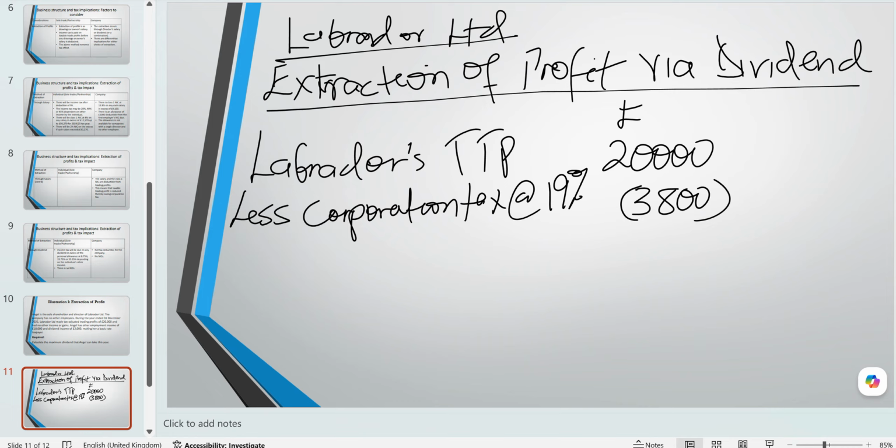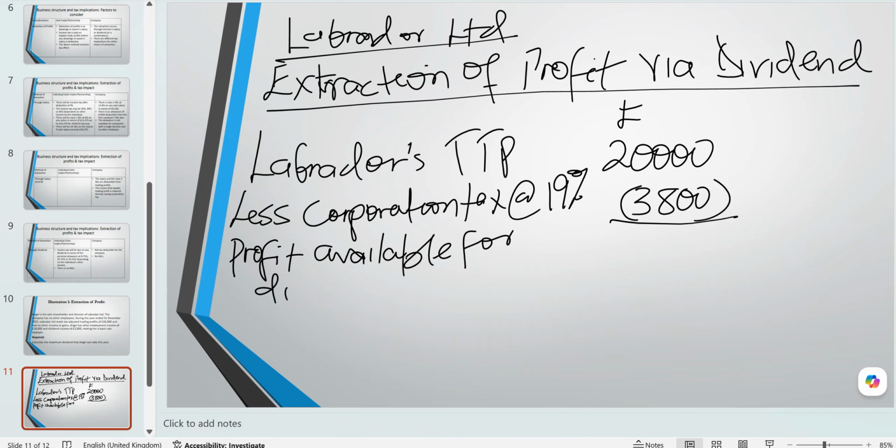So we get the profit available for distribution as dividend.